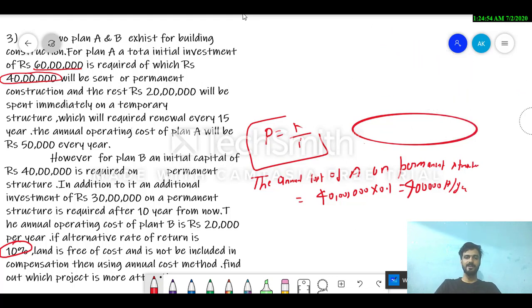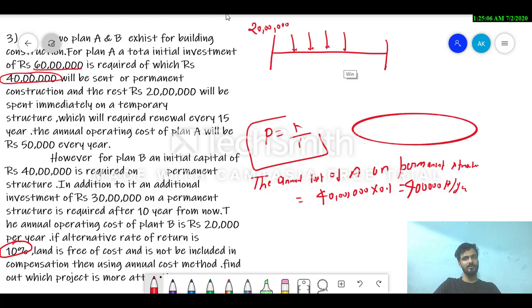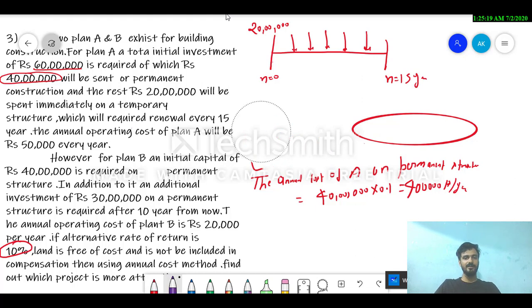If you draw the cash flow diagram, my dear student, here at n equals 0 you are going to invest 20 lakhs rupees, and every year you will see a cash flow, up to n equals 15.